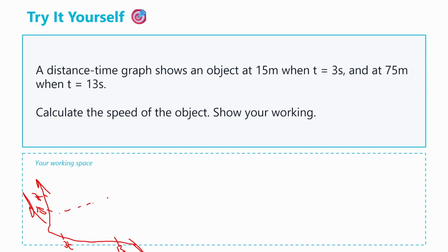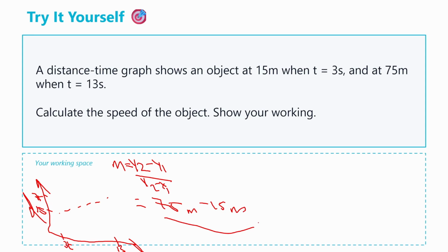Calculate the slope. Slope here, m is the symbol of slope, is y2 minus y1 over x2 minus x1, because change in y, change in x. So what is y2? The second instance of y is 75 meters. And the first instance of y is 15 meters, minus that.